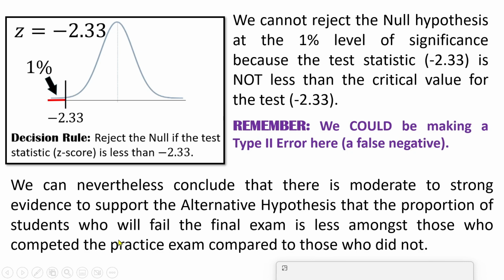Here on the bottom, you can see what I'm saying is that even though we didn't reject the null, we can nevertheless conclude that there is moderate to strong evidence to support the alternative hypothesis that the proportion of students who will fail the final exam is less amongst those who wrote the practice final exam. Now, why am I using the words strong to moderate? To answer that, we need to consider what the p-value is for this test statistic.